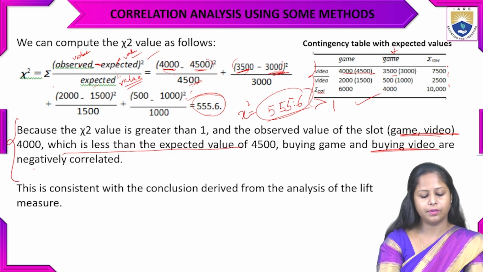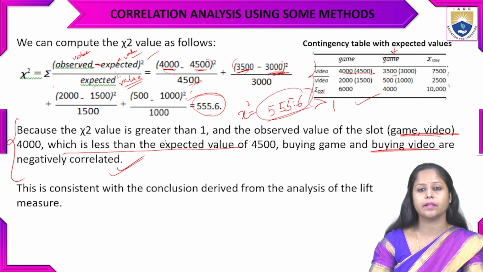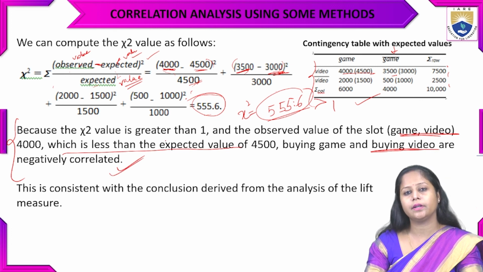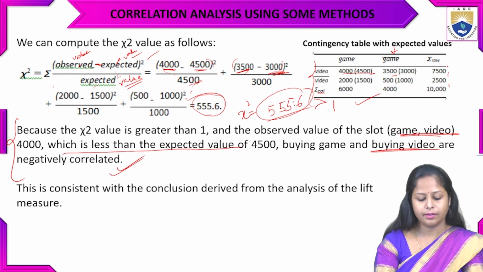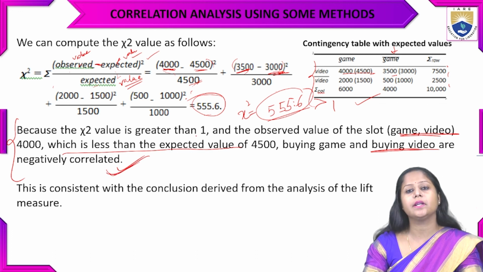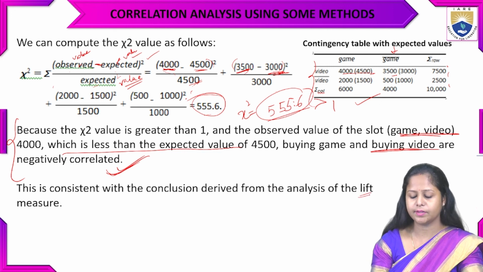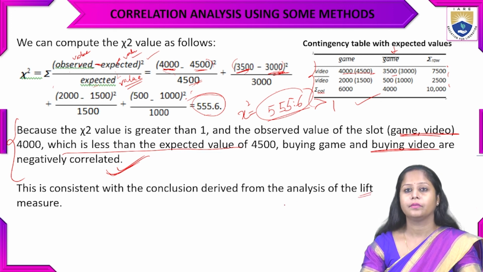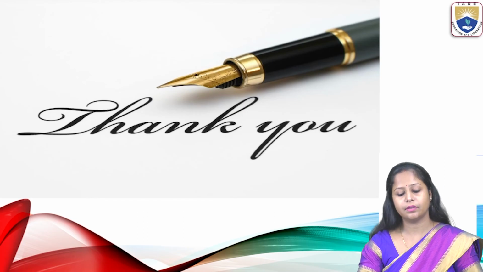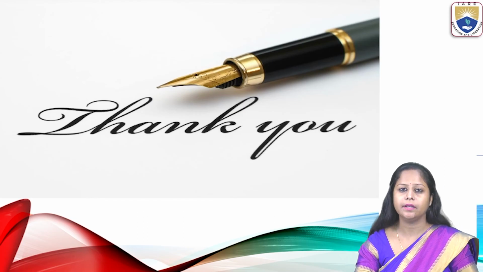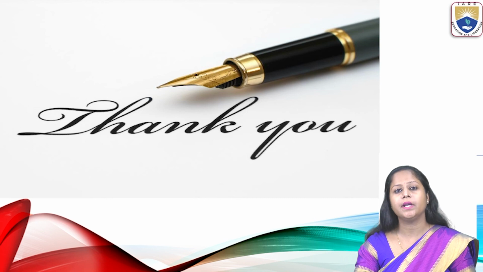So here we find that it satisfies the negatively correlated condition. This is consistent with the conclusion derived from the analysis of lift. So these were all the methods for mining apart from the association rule.